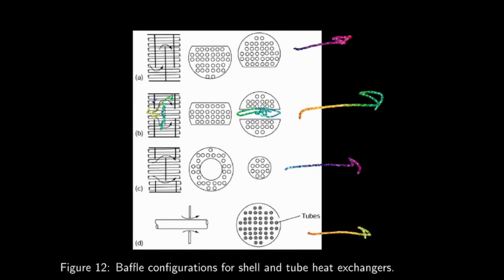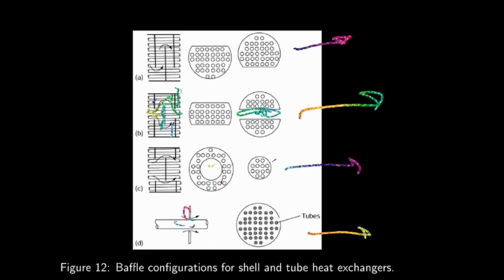This makes sure that the fluid goes all the way through, and then another pair is here and the inside is open. The disc and donut type again goes throughout the radius, however in the middle it's open. Then this structure and this structure are placed alternately to make sure that the shell side fluid passes over the surface of all tubes.